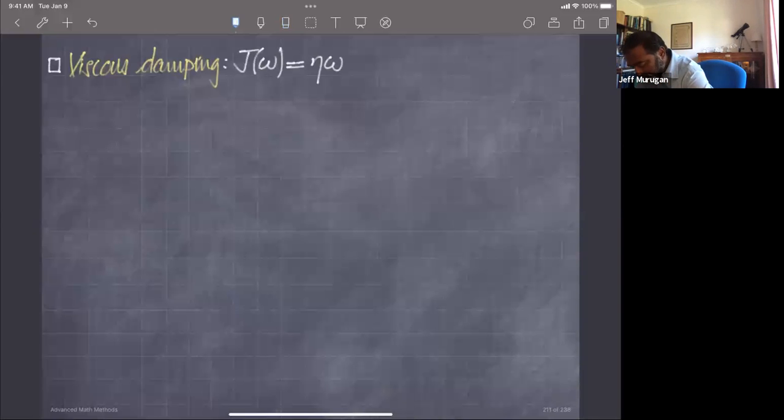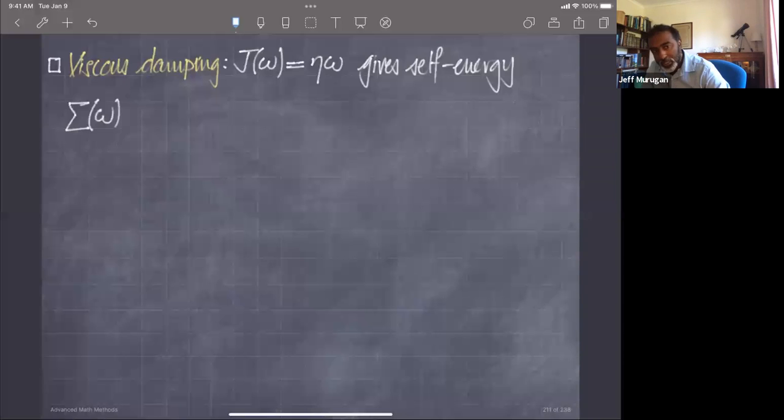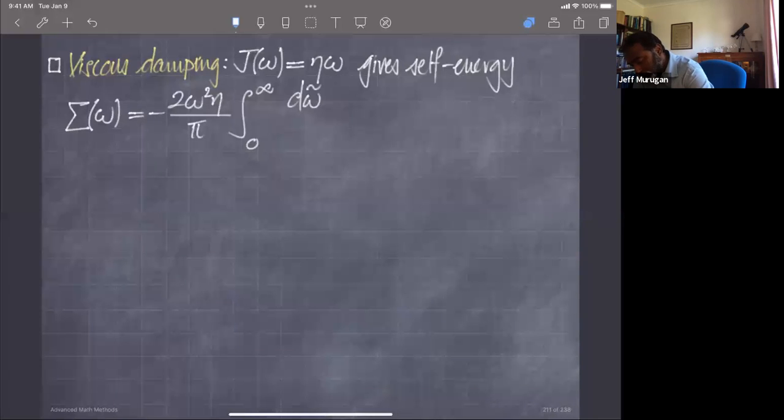And this gives a self-energy sigma of omega equal to minus 2 omega squared eta over pi times the integral from 0 to infinity of d omega tilde over omega tilde squared minus omega squared.